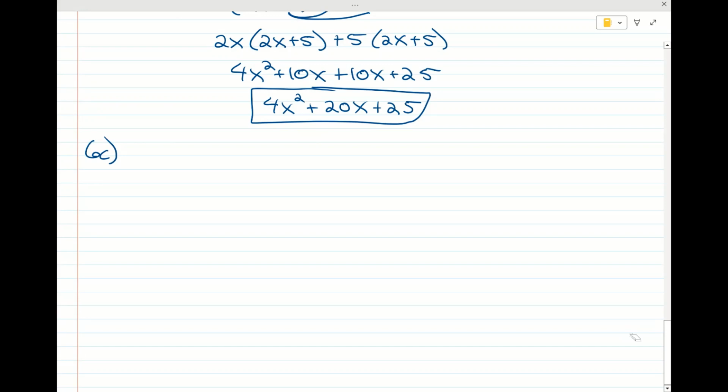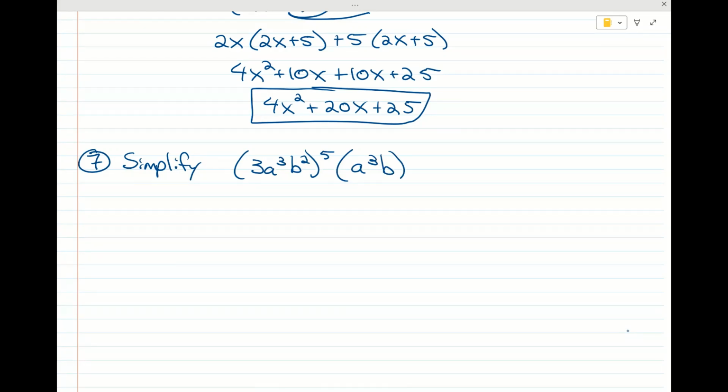Next problem, number 7, I'll ask you to simplify 3a to the third, b to the second, all to the fifth power, times a to the third, b to the fourth power. Now, if we have a base with no power, you could just put 1. And one of the properties that we discussed is a power to a power, you multiply the powers.